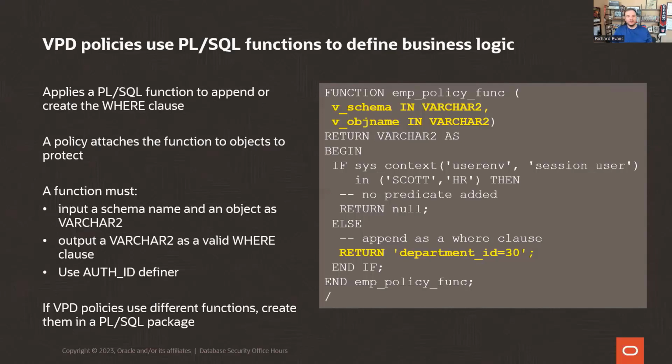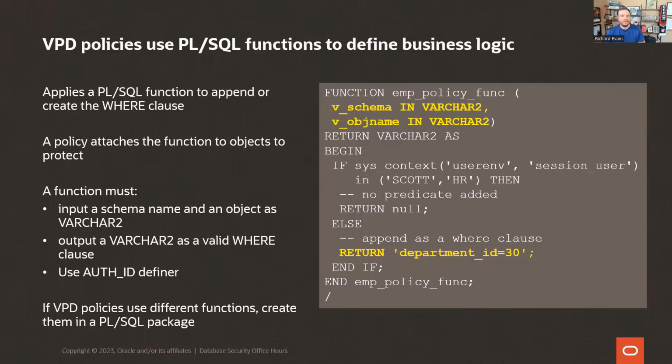If they are not either of those users, then we're going to limit them to department ID is 30. That's pretty arbitrary, right? We probably want to get a little more advanced than that, but that's as simple as it can be, right? You can return 1 equals 0, so no rows returned to them, right? So just that simple on how you create a PL/SQL function to define this business logic there.